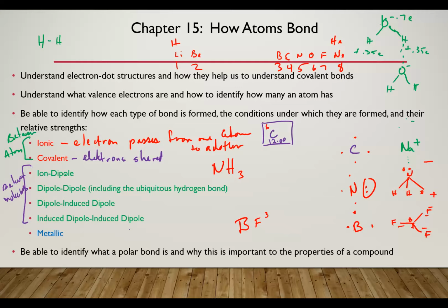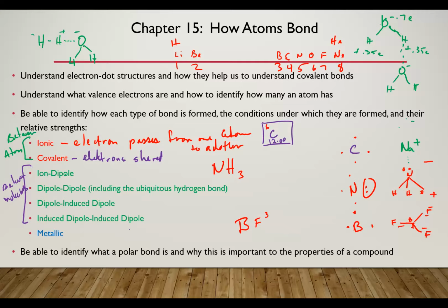But if it comes close to the water molecule, the negative of the oxygen is going to force negative charge away, making the hydrogen closer to a positive, the hydrogen farther negative. So that's an induced dipole. And then you have a bond between the dipole of the water and the induced dipole that it's made.